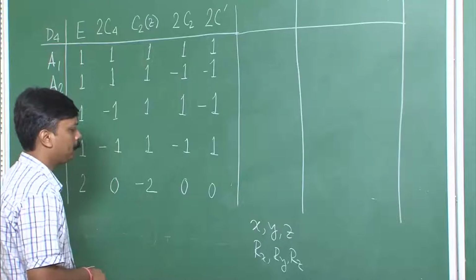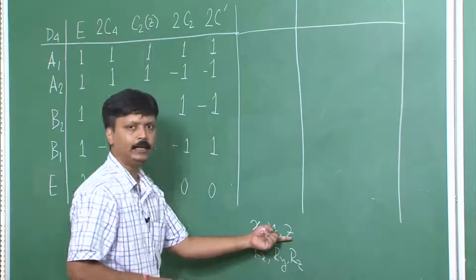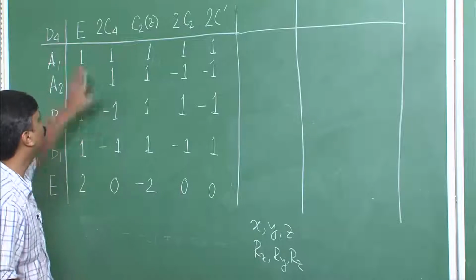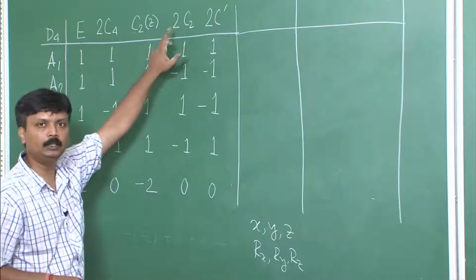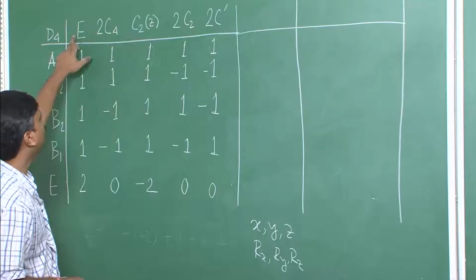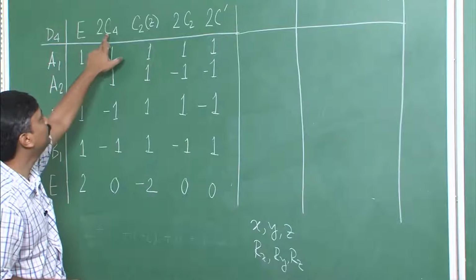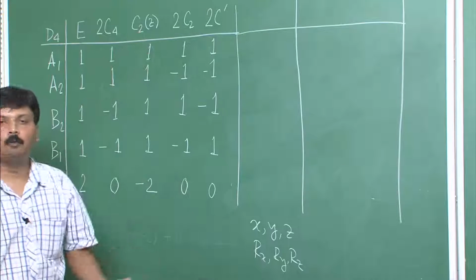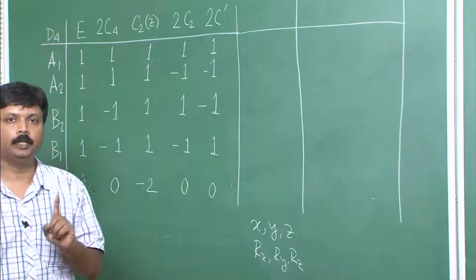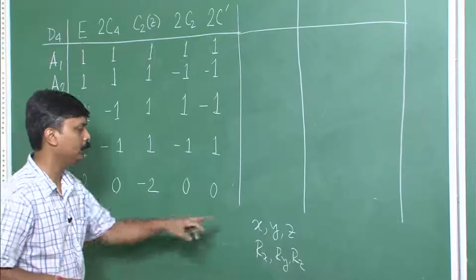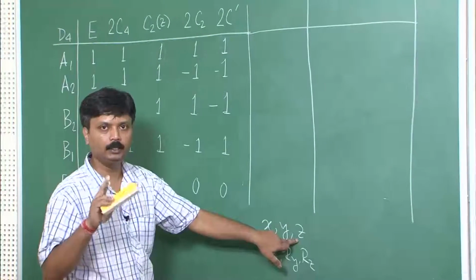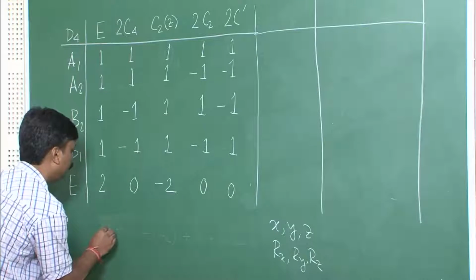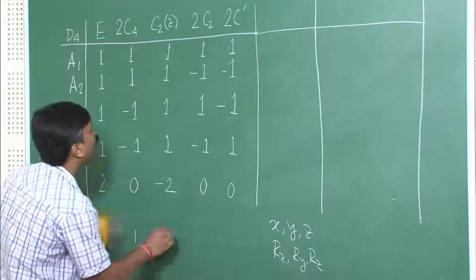So first, if we look at the z axis, and you operate all these symmetry operations, what you will find is that with respect to E, C4 and C2z, the characters will be 1, because this will give you a one-dimensional matrix, because this is only one single function that will act as a basis function. So I will get character 1, 1 and 1 for this.